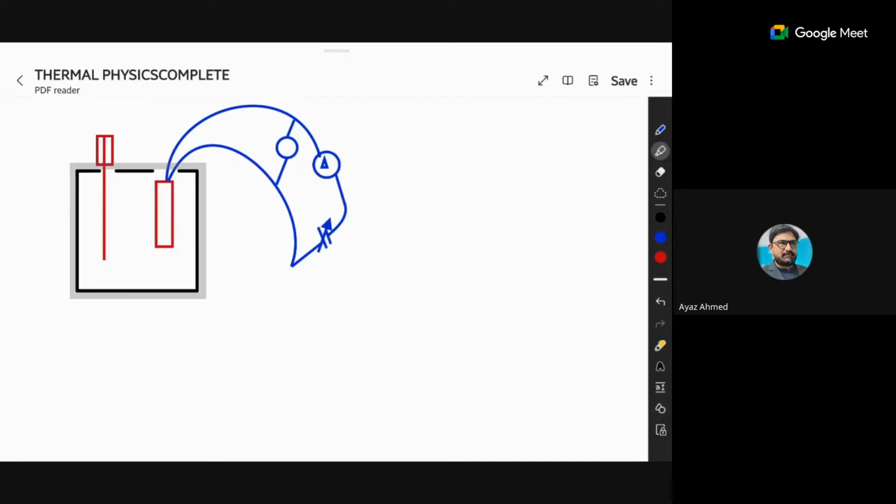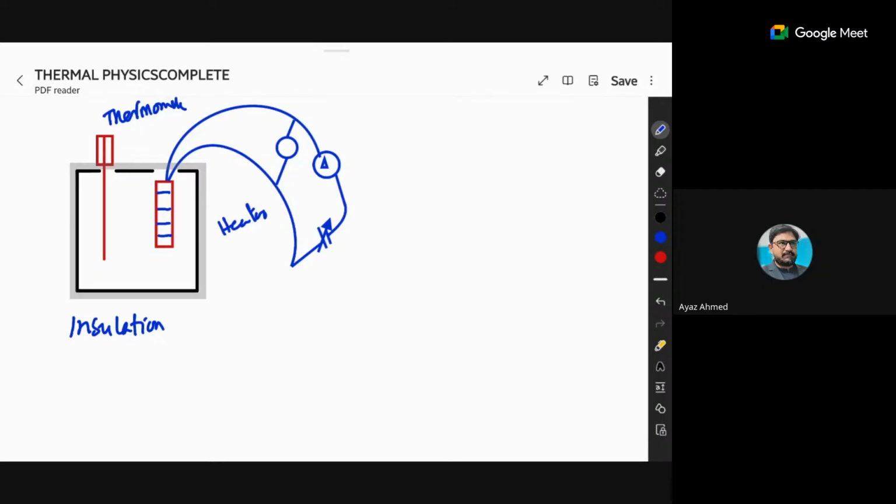This is actually the insulation. Whatever insulation you have, that insulation will be, actually this is a heater, so let me draw it. This is a thermometer. So beta, the heater and thermometer are placed inside. This is the heater. I have drawn this diagram for you, but I will explain it with that diagram also.